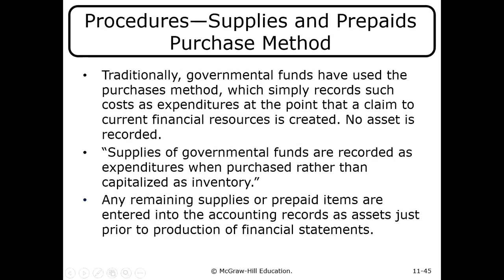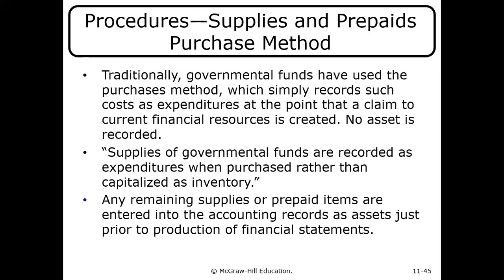And the first one is the purchase method. Traditionally, governmental funds have used the purchase method, which simply records such costs as expenditures at the point that a claim to current financial resources is created. So no asset is created. So there won't be a prepaid expense or supplies account on a fund financial statement. Yes, for the government-wide, no for fund.